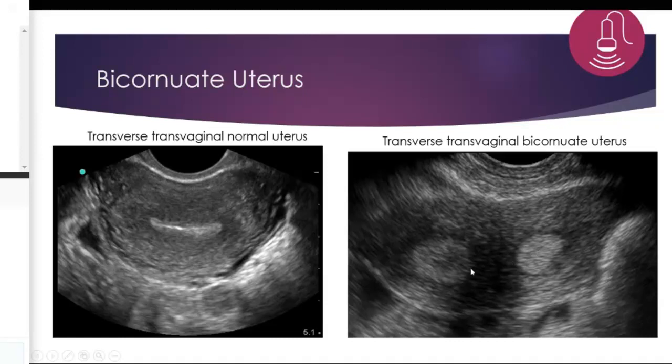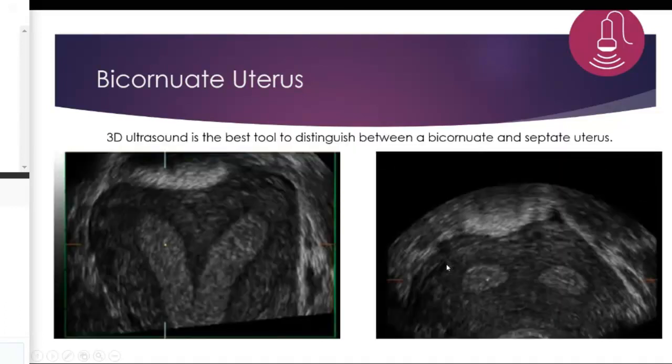And then as you get towards the fundus, it's going to break off. You're going to see two classic endometriums separated from each other. So again, 3D ultrasound is the best tool to distinguish between a bicornuate and a septate uterus.